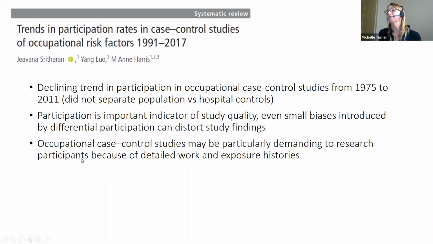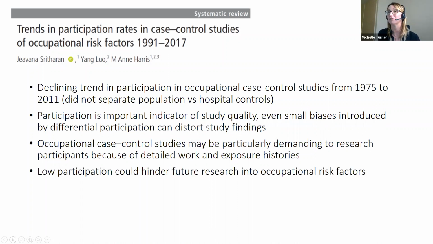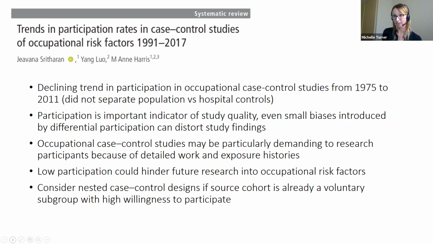Because of the increased demand on participants in occupational case control studies, because of all of the work that's required to capture the occupational history data, participation may be more challenging to achieve here and could hinder future research in occupational risk factors.